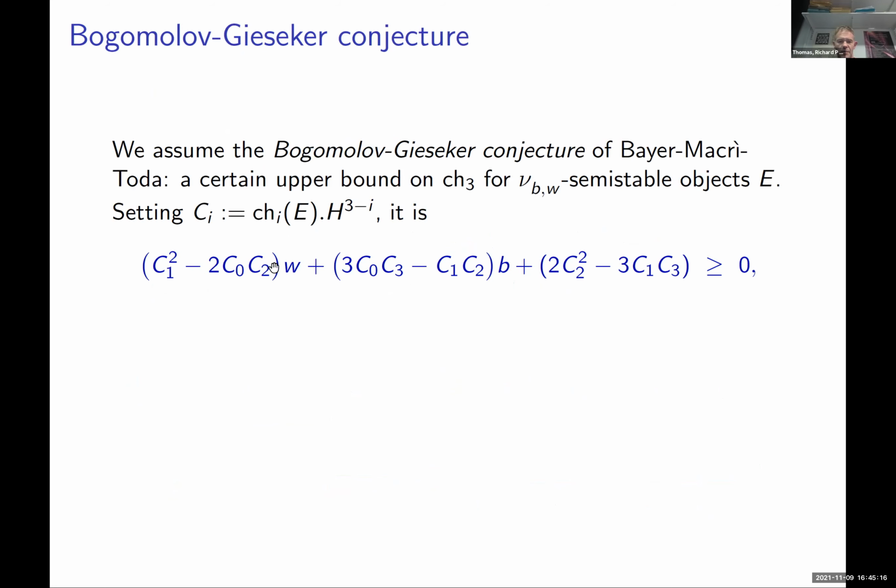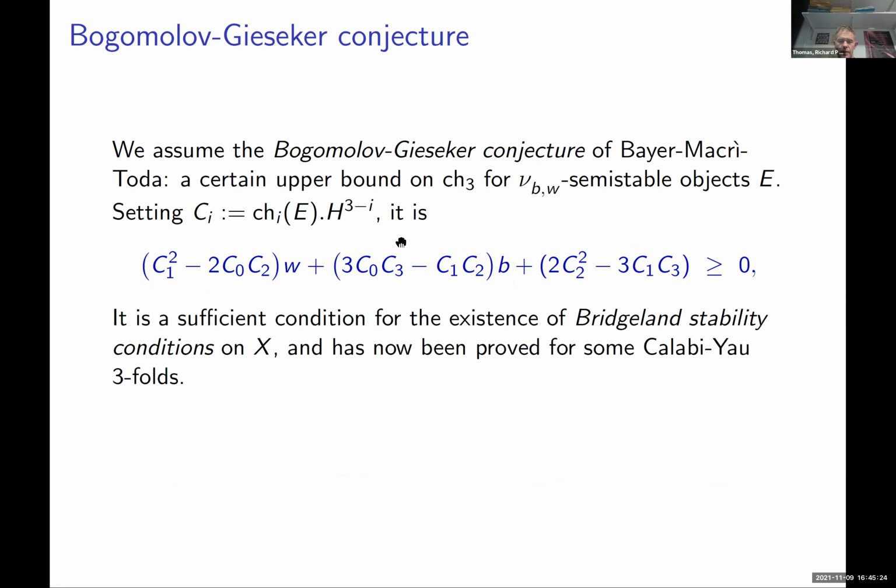You can see it depends on B and W, and it gives you an inequality on the third Chern character. They invented it because it's sufficient to prove the existence of Bridgeland stability conditions. But that barely comes into what we do. But that's why people have studied it, and why Chen proved that it's satisfied for many B and W on the quintic.